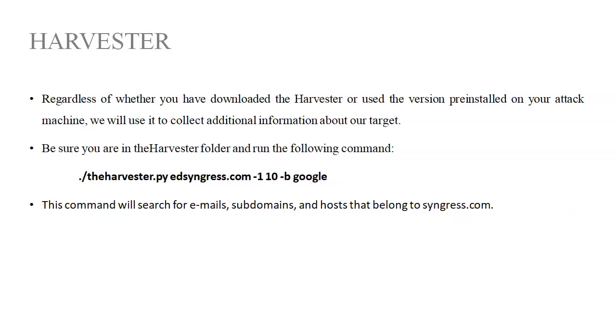Regardless of whether you have downloaded theHarvester or used the version pre-installed on your attack machine, we will use it to collect additional information about our target. Be sure you are in theHarvester folder and run the following command: ./theHarvester.py -d syncris.com -l 10 -b google.